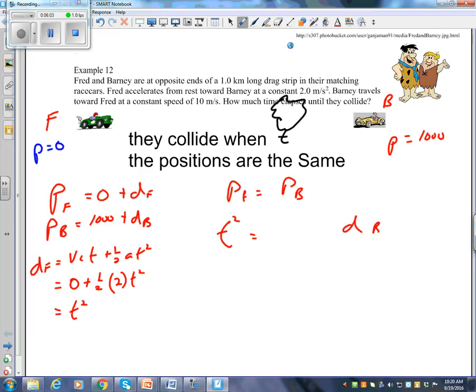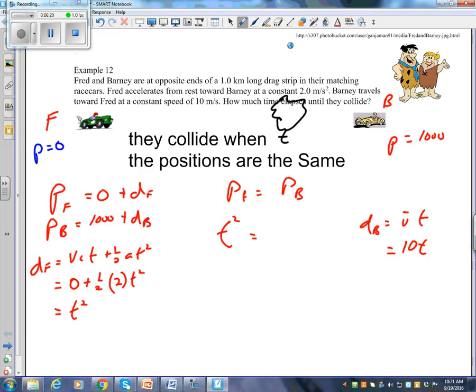Displacement of Barney, dB. He's traveling at a constant speed, so his displacement is just velocity multiplied by time, right? d equals vt. So in this case he's moving at a constant 10, so his displacement is actually 10t.